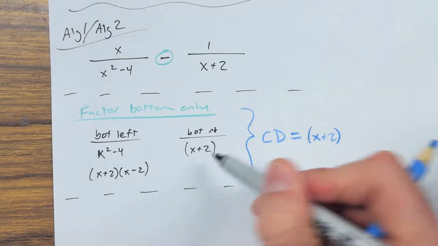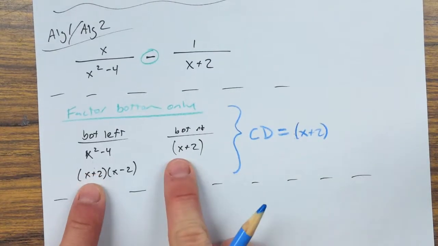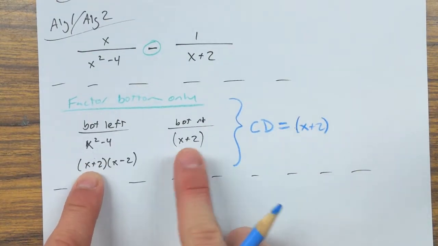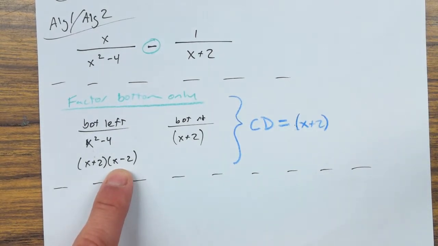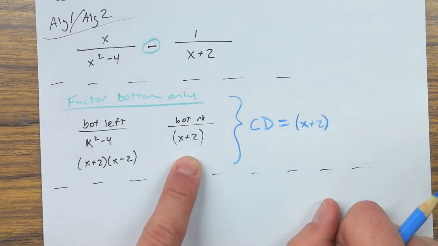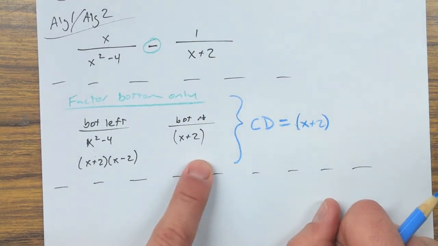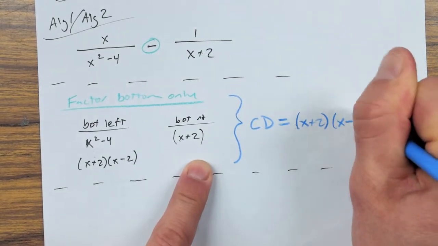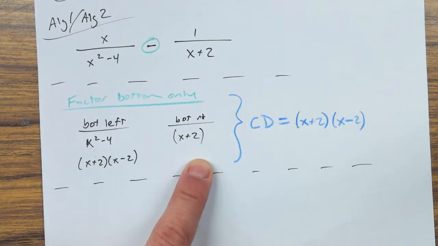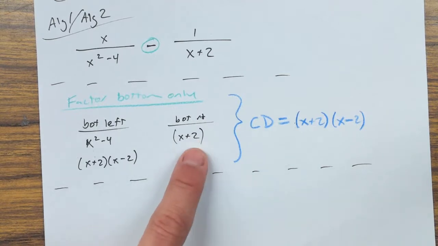But it looks like the left bottom also has an x minus 2. That means the right bottom needs an x minus 2. It's missing. So I'm going to say they both should have an x minus 2. One of them doesn't have it yet, but we're going to force it to have it later.